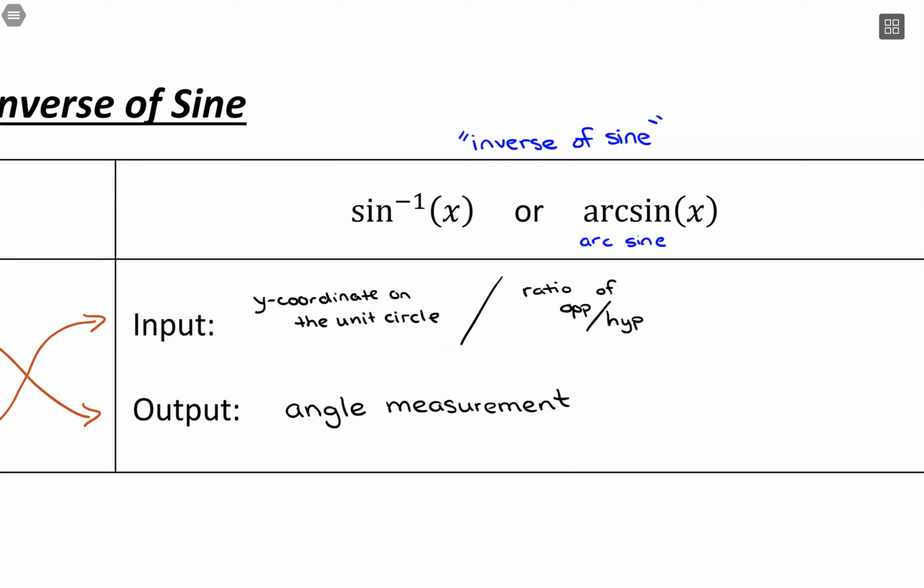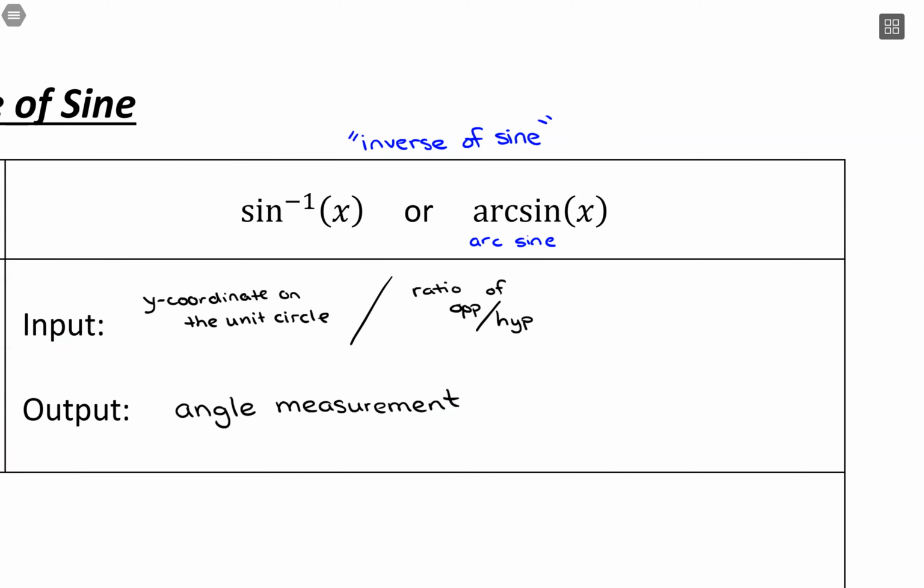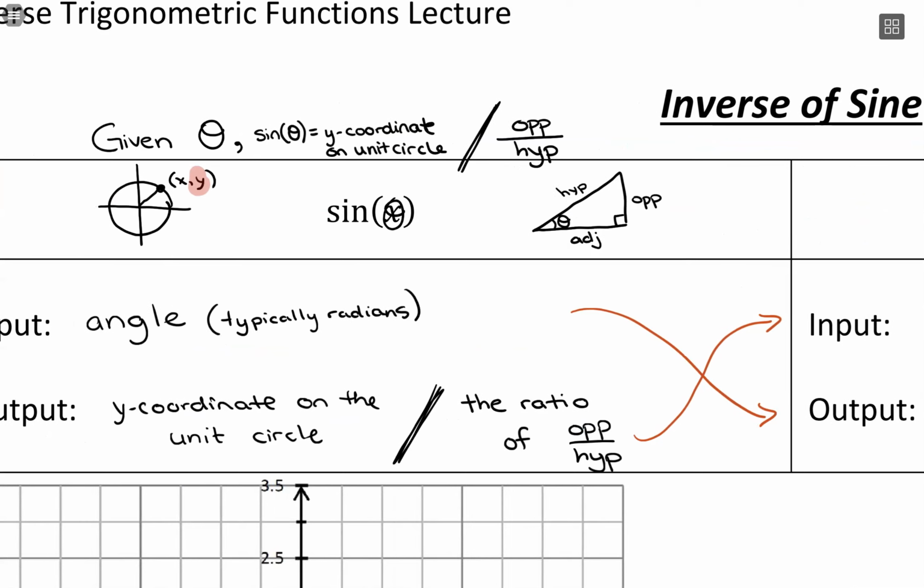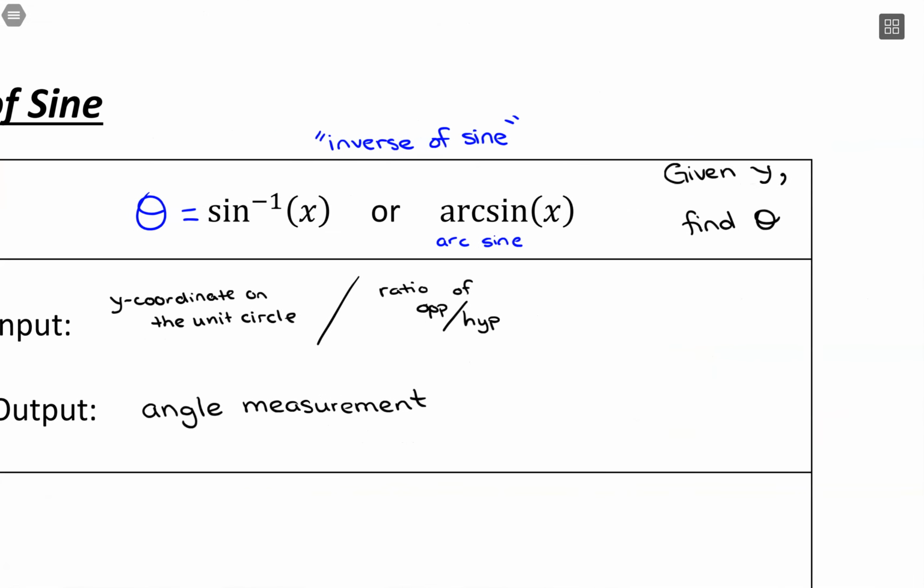So our original sine function was the idea of given some angle, finding that y-coordinate. Now this one is going to be given that y-coordinate, we're finding the angle measurement. So for these, we're solving for an angle, whereas here, we were solving for that y-coordinate. So that's how these are going to switch around.